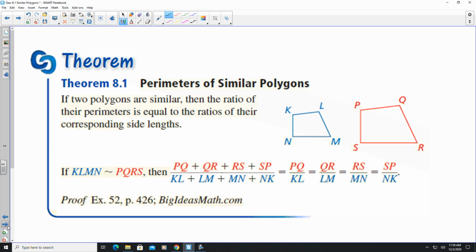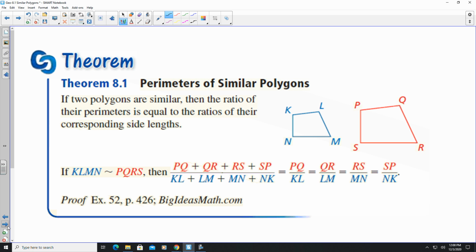Here, we talk about perimeters of similar figures. It says if two figures are similar, then the ratio of their perimeters is equal to the ratio of their corresponding sides.